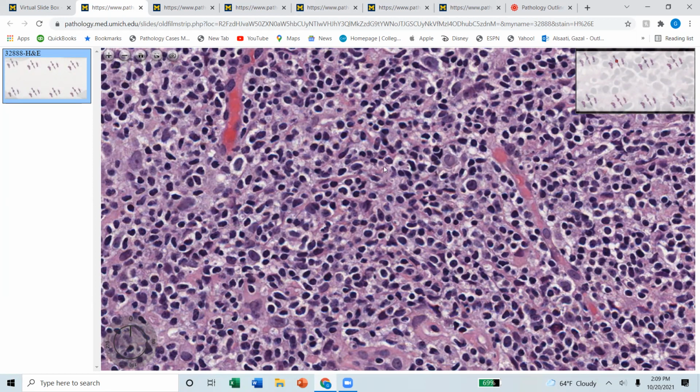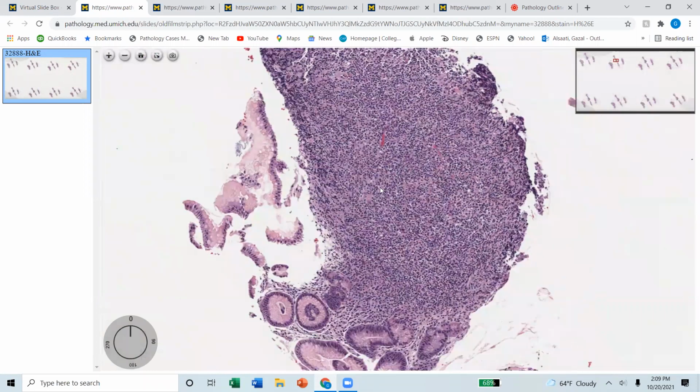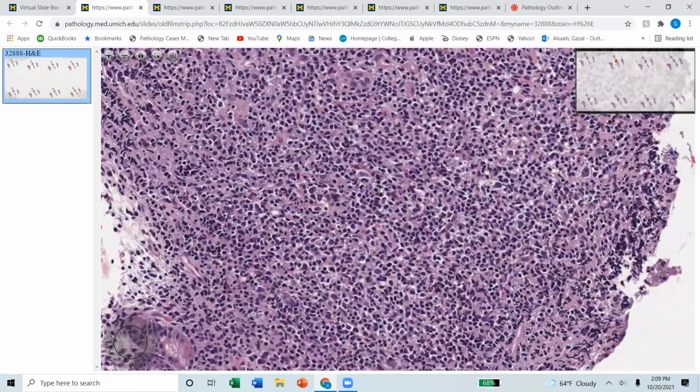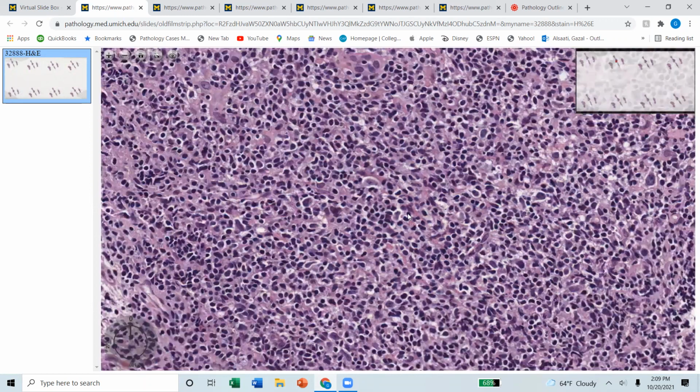Another thing that often involves the GI is diffuse large B-cell lymphoma, and obviously it will look very different than this because it will look much uglier. And you do the Ki-67 as well as a part of the panel too.